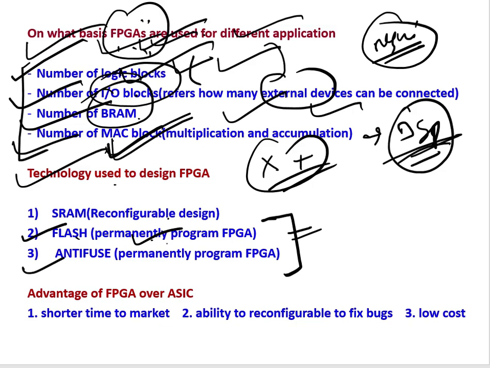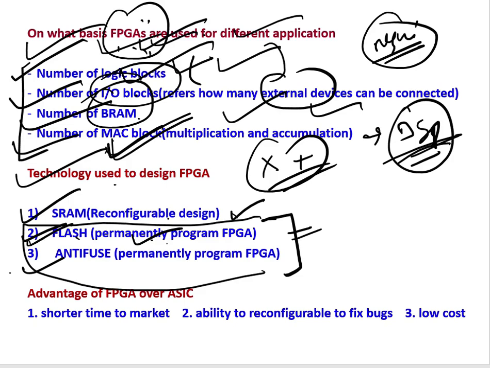And if the FPGA can be reconfigured, meaning you want to change your design later also, then SRAM technology is used. So based on the requirement: if the requirement is permanent programming, then flash and anti-fuse technology is used, and if the requirement is reconfigurable, meaning you can change your design at a later stage, then SRAM technology is used to design the FPGA.